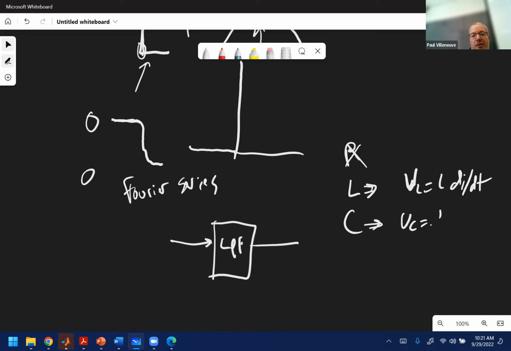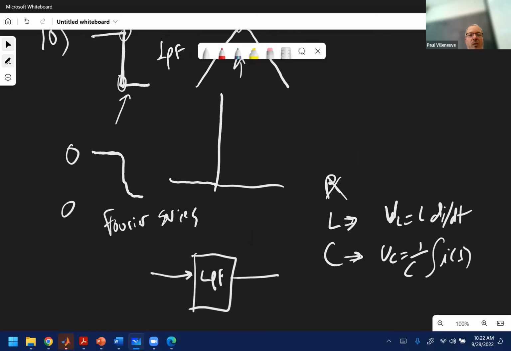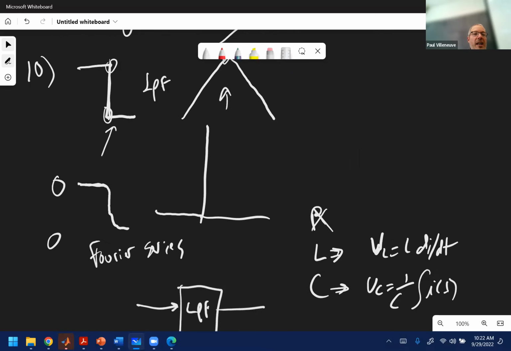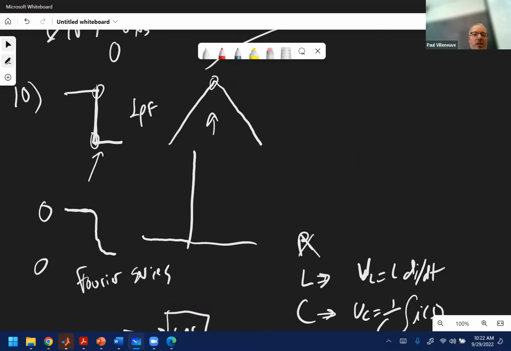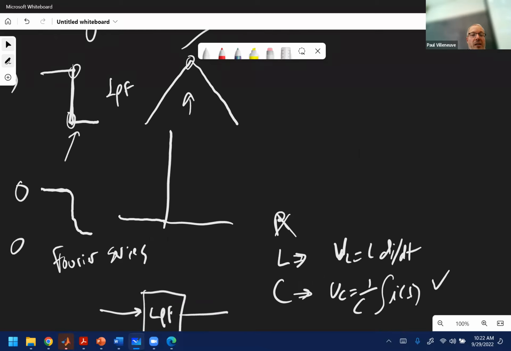VC is equal to the integral of 1 over C. So the integral, can we make this work? Well, we see that we do not have an instantaneous change in the voltage, but the current has an instantaneous change, which is allowed in a capacitor, but not so in an inductor.